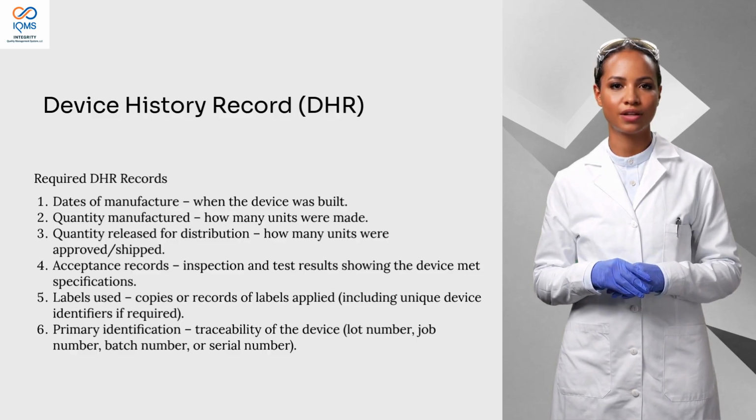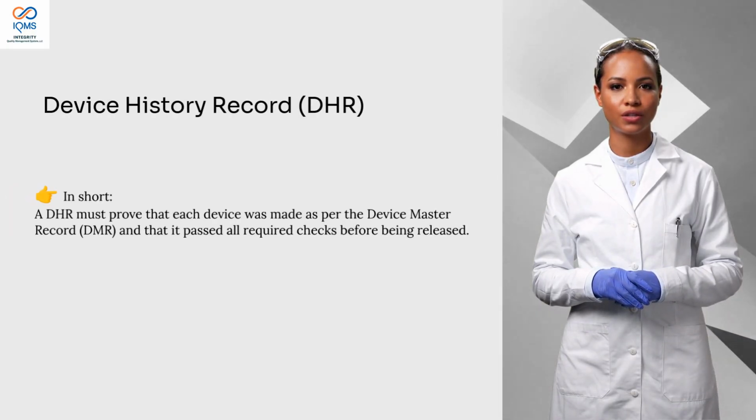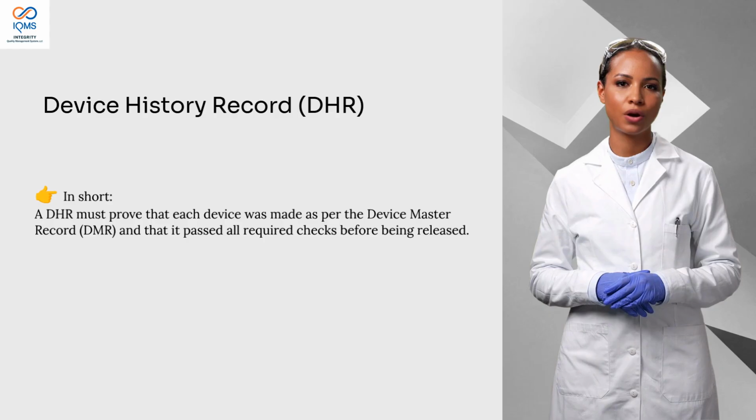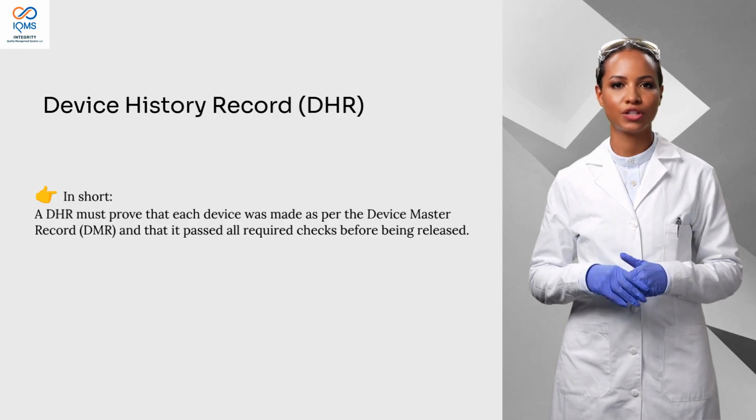Labels used, copies or records of labels applied, including unique device identifiers if required. 6. Primary identification, traceability of the device, lot number, job number, batch number, or serial number. In short, a DHR must prove that each device was made as per the Device Master Record, DMR, and that it passed all required checks before being released.